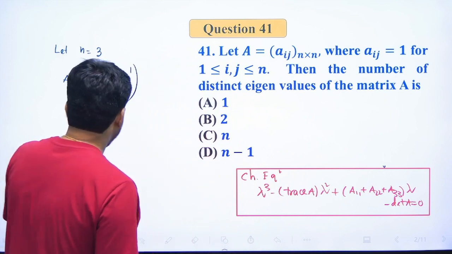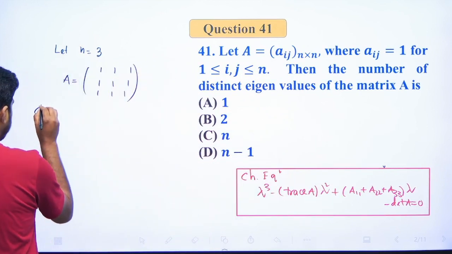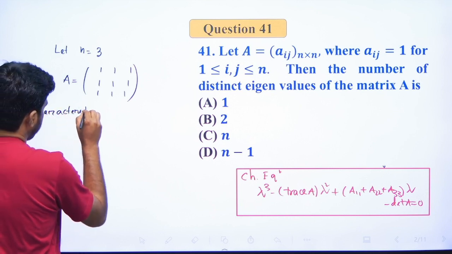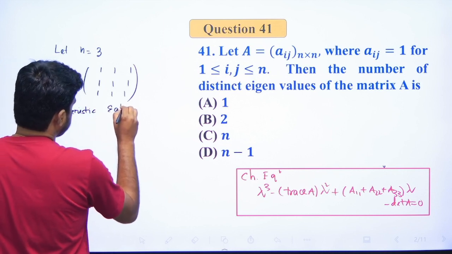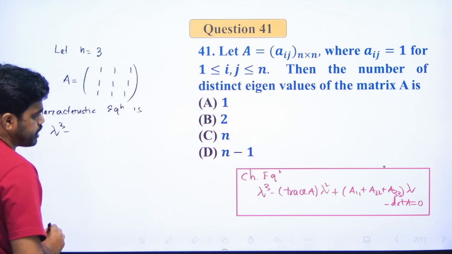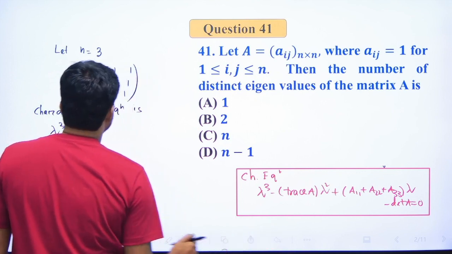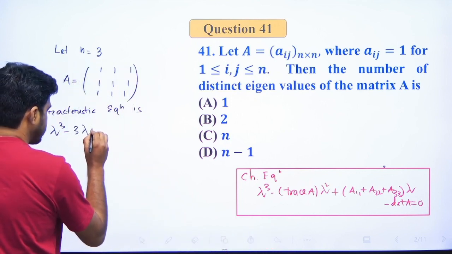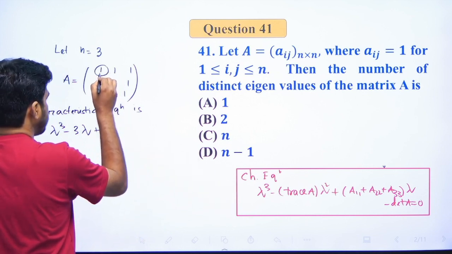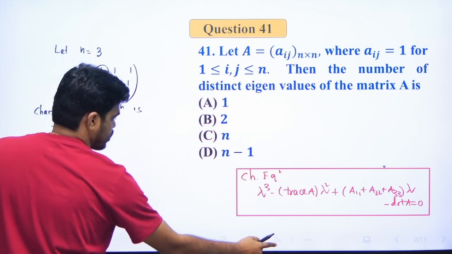Okay. So here the characteristic equation is lambda cube minus trace, means sum of the diagonal elements, that is 1 plus 1 plus 1, that means 3. So lambda cube minus 3 lambda square plus A11, that means a positioner cofactor, that is কি হবে? 1 minus 1, that means 0, right? ঠিক আছে?